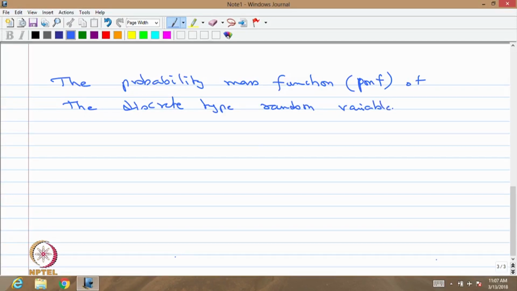The probability mass function of a discrete type random variable is defined as P of x is nothing but the probability that x takes a value xi. This P of x is called the probability mass function. So, this is defined for all x belonging to the real line R.